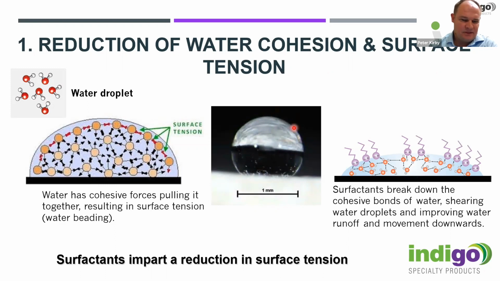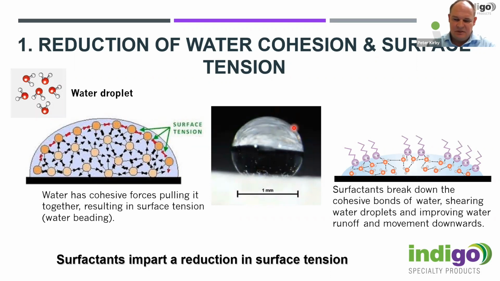Those cohesive forces really stop water from penetrating into soil environments or through thatch and leaf materials, because it bounces on the leaf and sits. It doesn't go through the leaf or the thatch efficiently when it's in big droplet sizes like that.